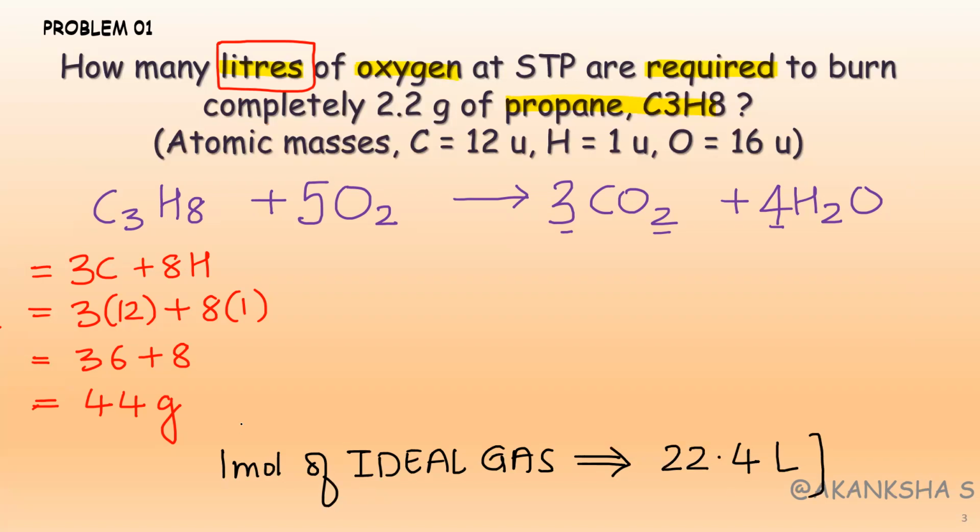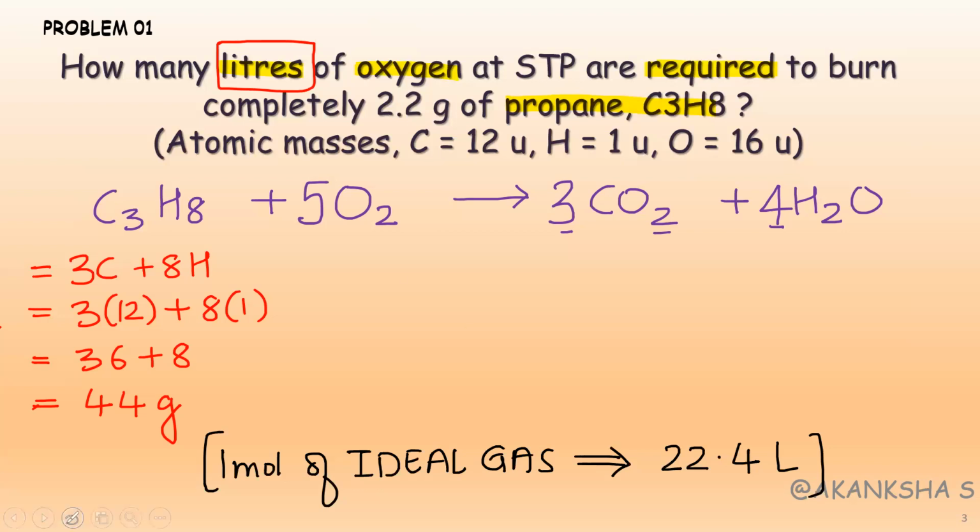Now this is something that we need to know by heart. It's very important. It's not given anywhere in the question paper, and during the examination, it's definitely not going to be mentioned. You need to know that any ideal gas like O2, H2, N2 is going to occupy a constant space of 22.4 liters. That becomes the volume perspective.